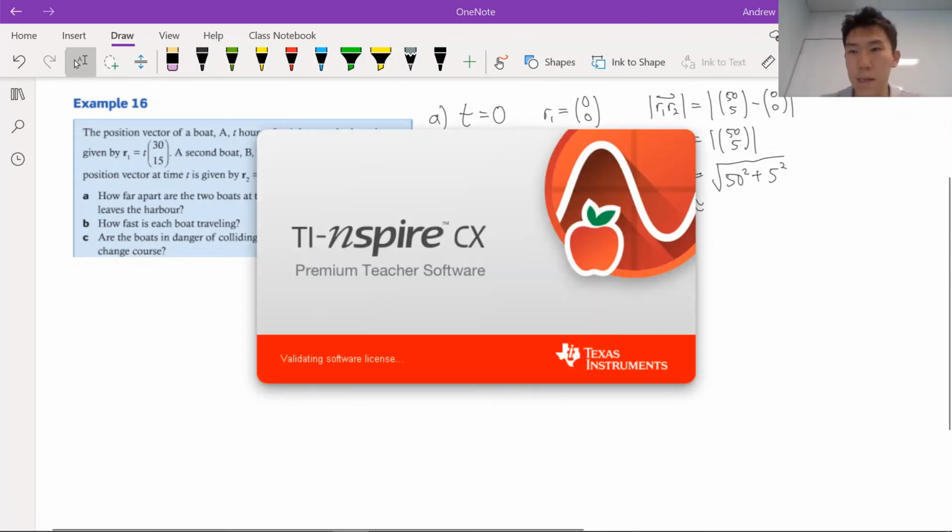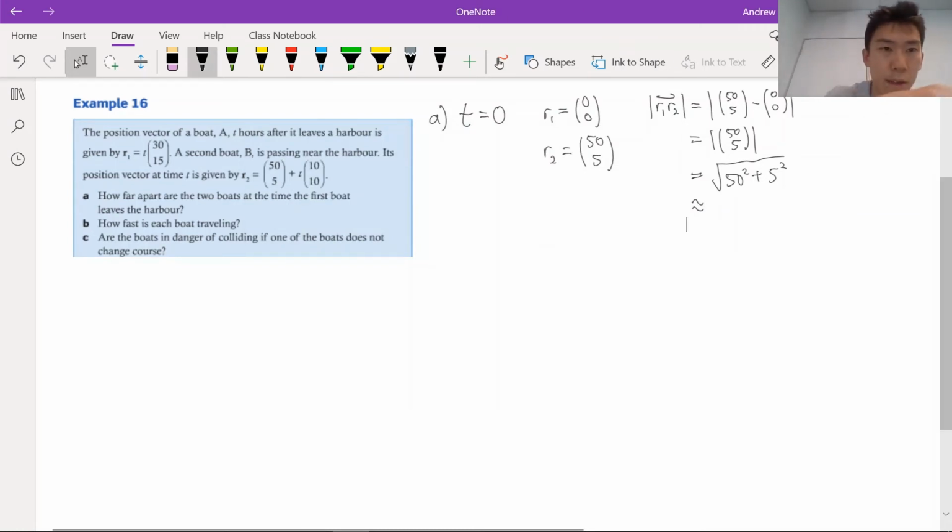We'll calculate that when my calculator loads.